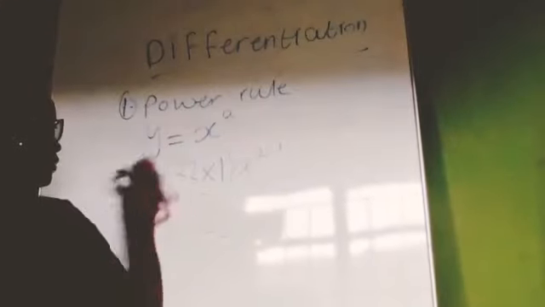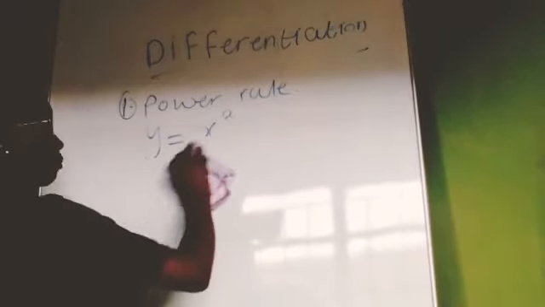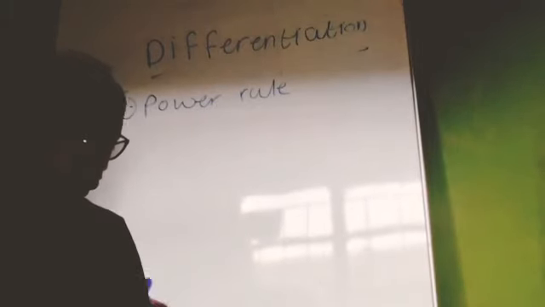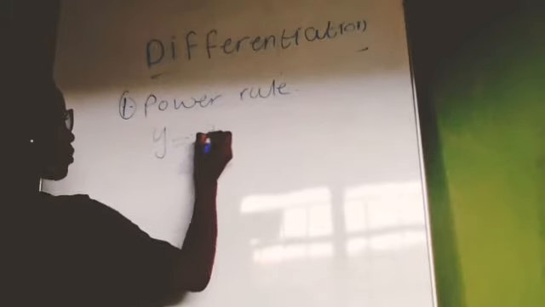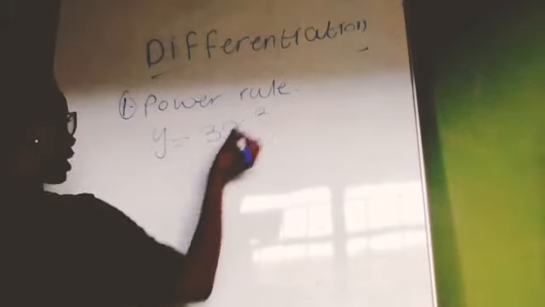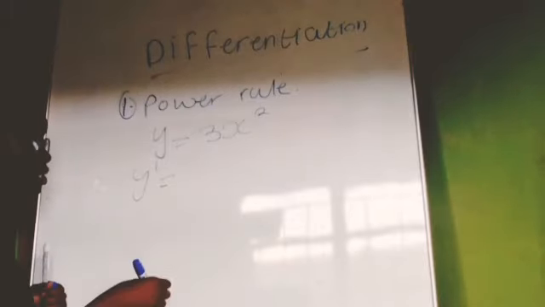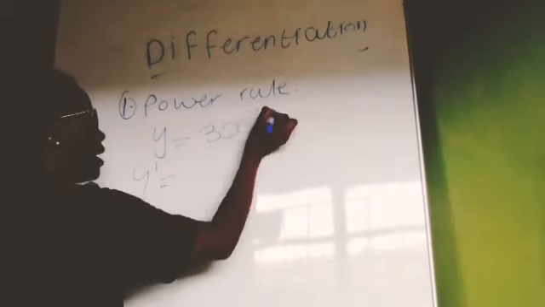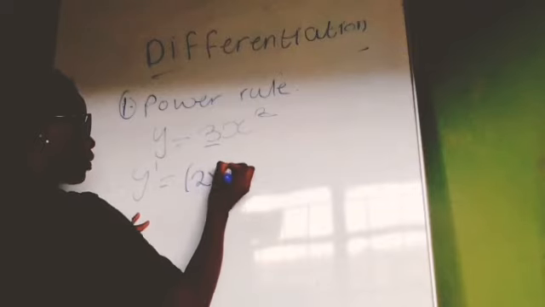So let me try to put up a different equation. I hope it's clear in that one. I'll be a bit slower on the next one. Okay. So if we have the equation y is equal to 3x squared. So y prime, again, which is just dy dx, which just represents the derivative of this, is we're going to multiply the power times the coefficient. So this is 2 times 3x.